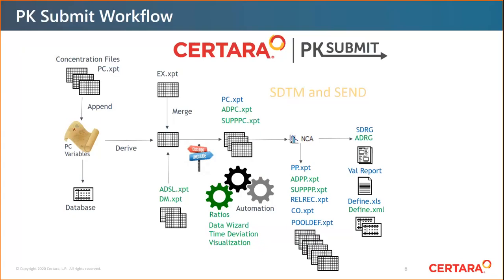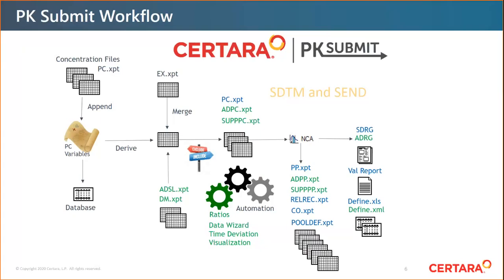We've got some automation built up in this newest version that allows for automatic derivation of ratios downstream for the PP domain. We have data wizard functionality that Phoenix users will be familiar with to help derive new variables.